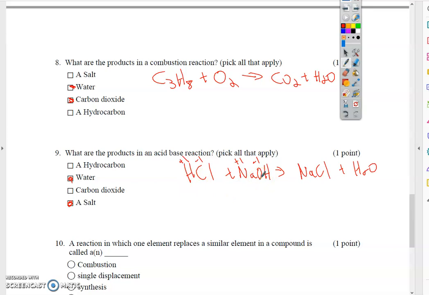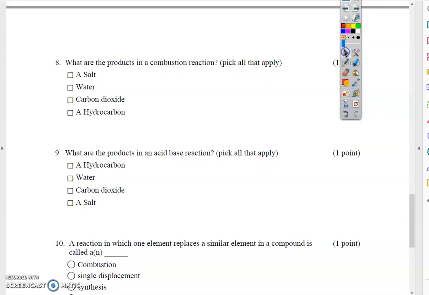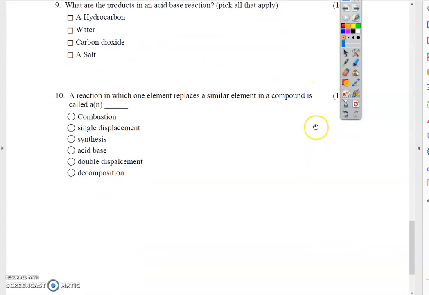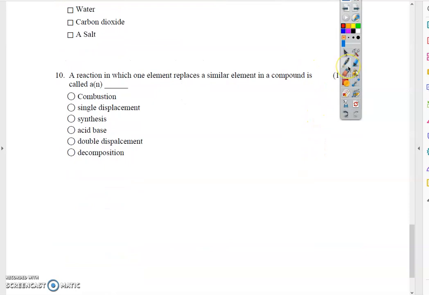And then number 10, a reaction in which one element replaces a similar element. That's really the one reaction that we use the activity series for. That ends up being a single displacement or single replacement, however you want to say it. So that would be like this aluminum reacting with the copper(II) chloride.